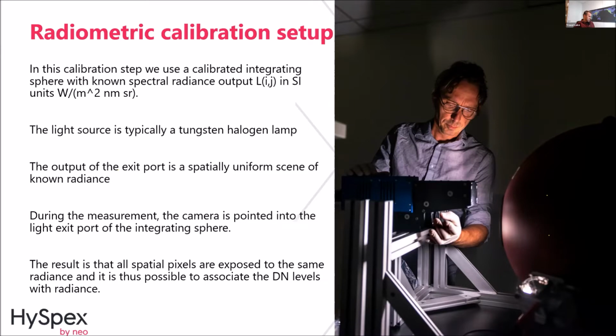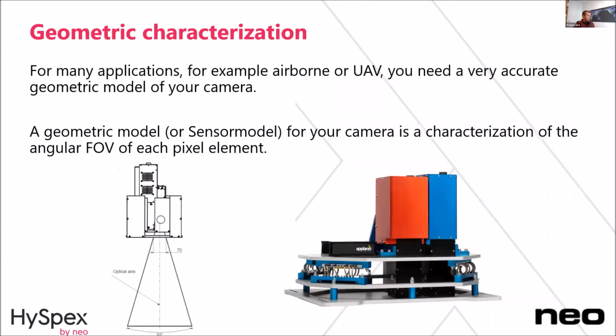Spatial uniformity, I already mentioned all this. Then we go to geometric characterization, which is very important in what we are talking about here. When we're going to do ray tracing and geofencing, we need to know in what direction all the pixels from your camera are pointing, right?